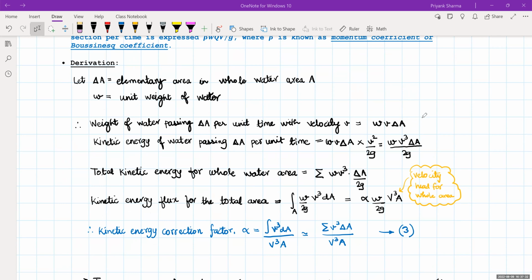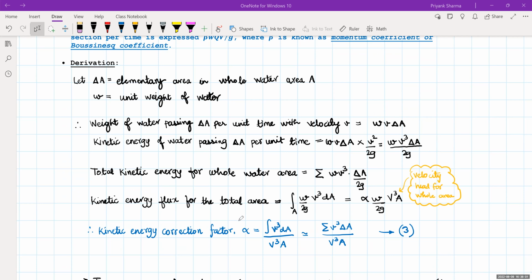Now what is the kinetic energy? You multiply this weight by the velocity head, V square by 2g. So that becomes W V cube delta A by 2g. If you want the total kinetic energy, you make a summation of this kinetic energy over each section. So the total kinetic energy for the whole area is sigma W V cube delta A by 2g.